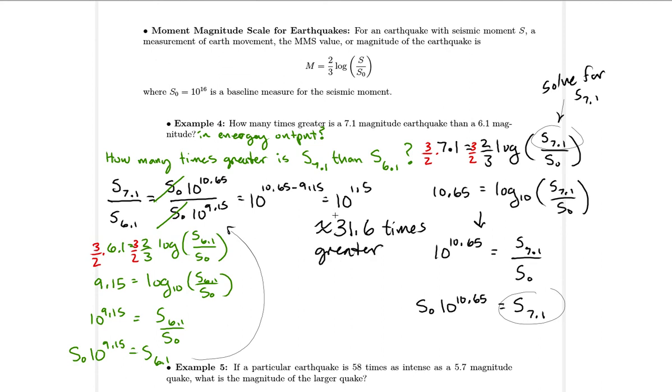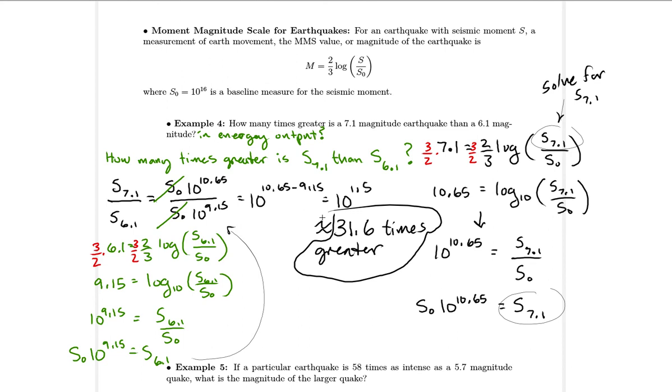Now, depending upon how much attention you've ever paid to news reports about an earthquake, you may have noticed that they'll talk about an earthquake being 7.1 or 7.2 magnitude, and whatever country it happens in, especially if it's got infrastructure that's not really built to withstand earthquakes, it can be quite devastating.